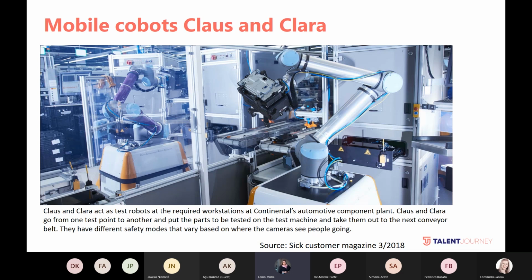When the collaborative robot then starts working, the mobile robot needs to stay still. By the way, there is more talk about mobile cobots in Talent Journey's service robots training, if you want to hear more about mobile robots. As we agreed before, mobile robots are counted in service robots.